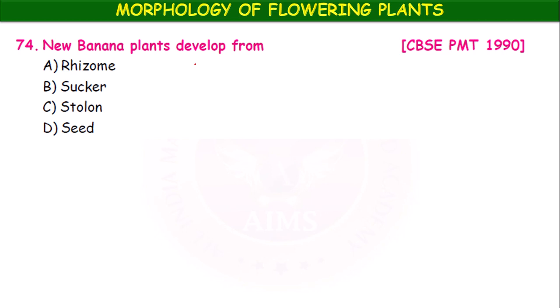New banana plants develop from rhizome, sucker, stolon, seed. It is rhizome.